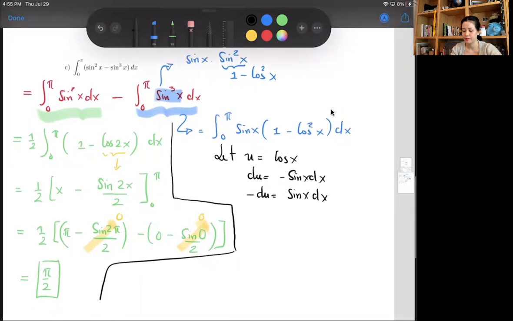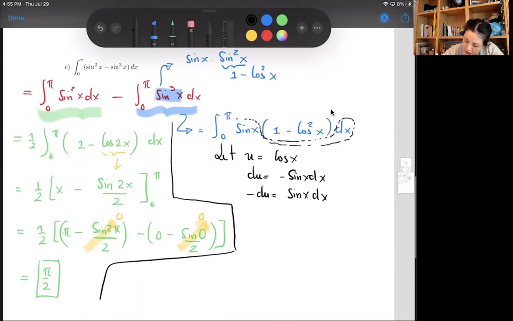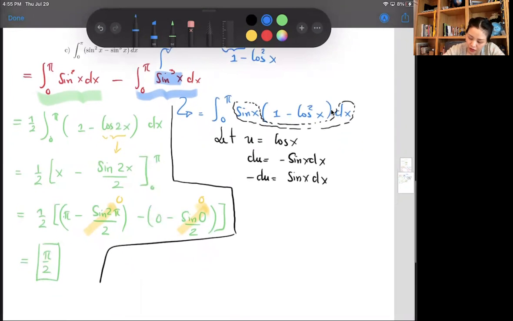Now this block right here is our minus du. So this becomes minus du, and inside the parentheses is 1 minus u squared.